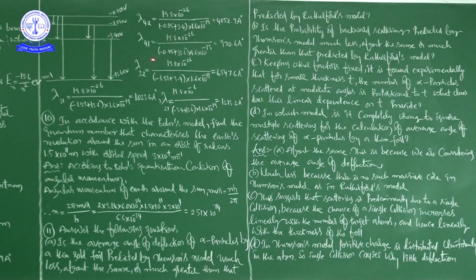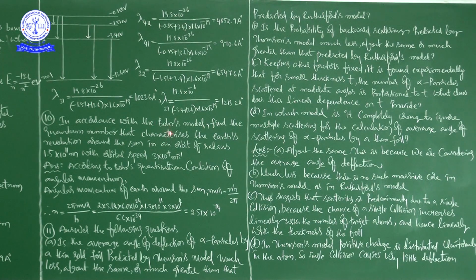Next, lambda 31 is equal to 19.8 into 10 to the power of minus 26 divided by minus 1.51 plus 13.6, into 1.6 into 10 to the power of minus 19, which will give us 1023.6 angstrom units, the corresponding wavelength when transition takes place from 3 to 1.